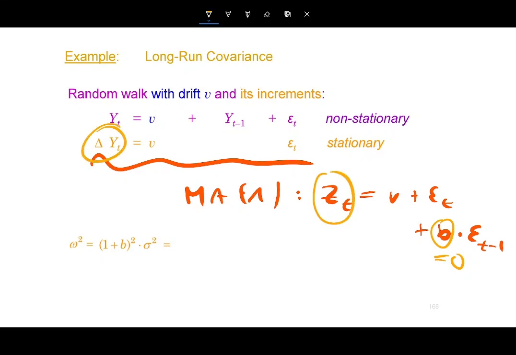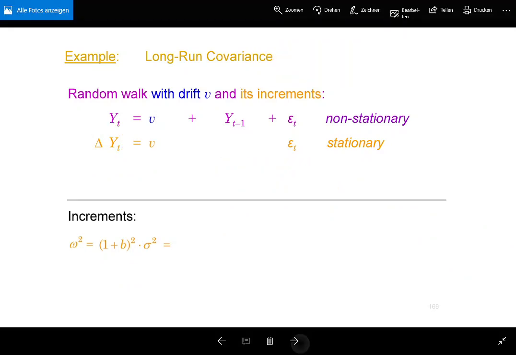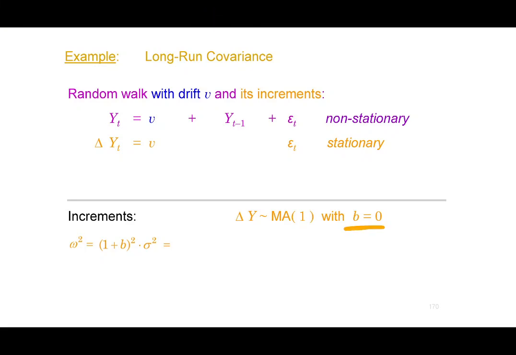Okay, so that doesn't prevent me from looking at the autocovariance. If b is equal to 0, which it is in this case, then the long-run covariance of the process is just going to be sigma squared, obviously. So that's not a big surprise. So the moving average process of order 1 with b being equal to 0 resembles the increments of the random walk.